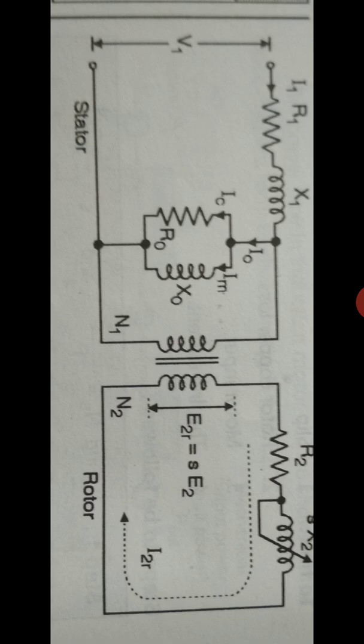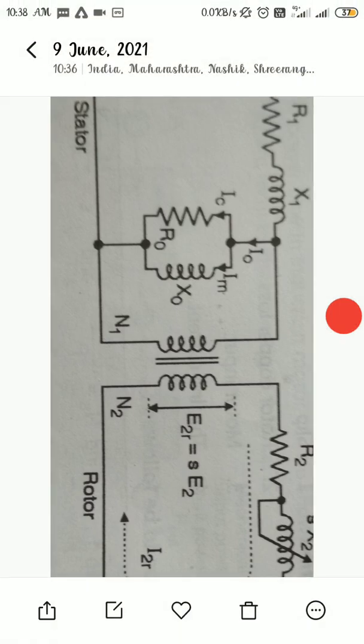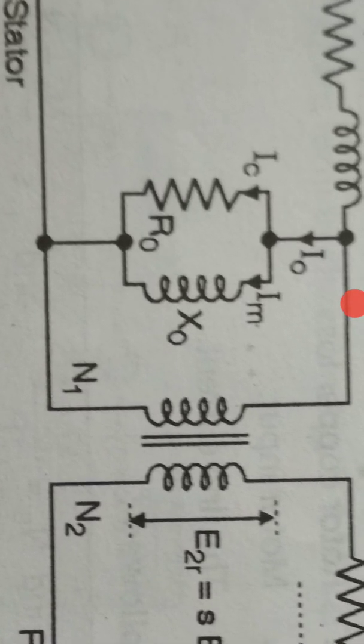One more thing to notice: R0 and X0 are the no load resistance and reactance per phase. R0 represents the core loss component of the equivalent circuit, and X0 is the magnetizing component of the no load stator current, similar to the magnetizing current component of the transformer at no load primary current.